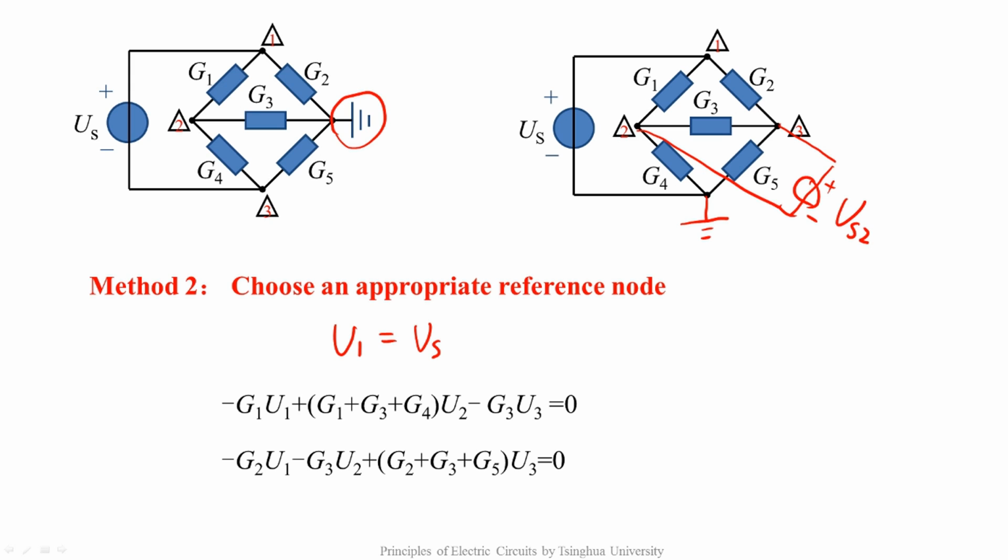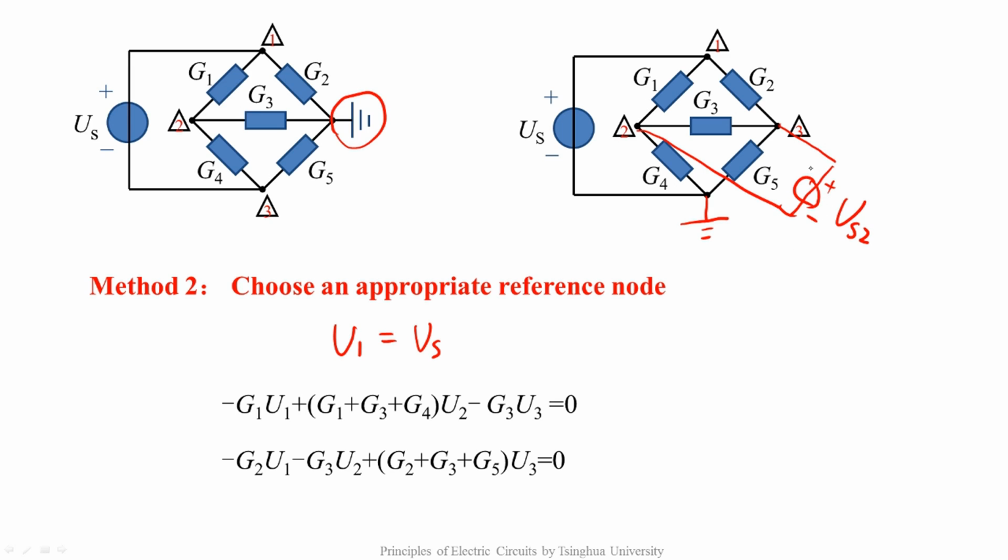Now, if we still choose this node as a reference node, we can determine the voltage of node 1 only. While writing the KCL equations for node 2 and node 3, we still have no way to express the current of the branch US2 in terms of the node voltages.